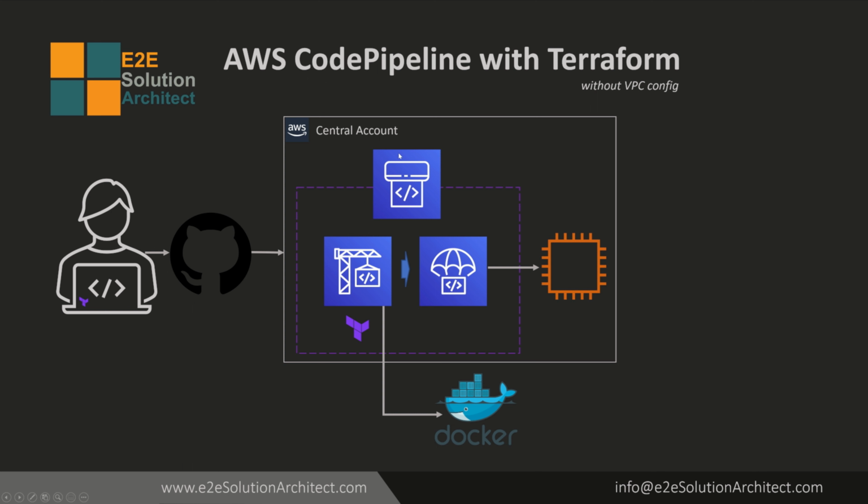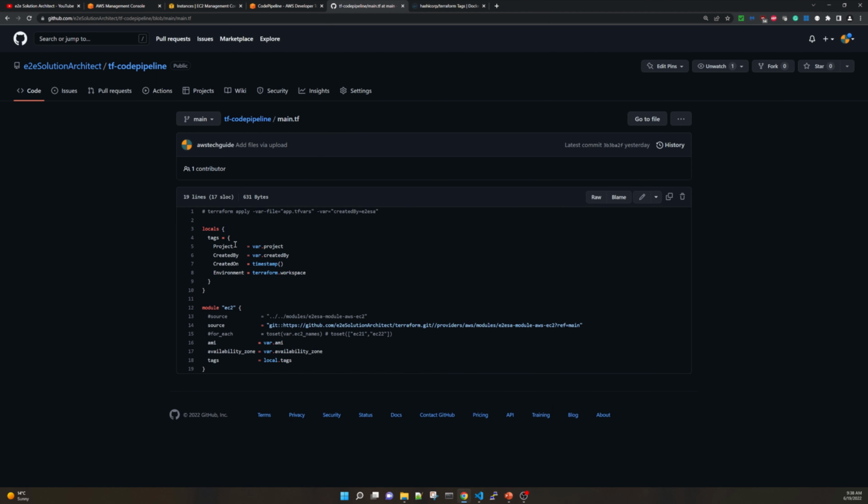Now this code pipeline part, pulling the Terraform image, instantiating that and performing Terraform apply, is one set of code which we are writing in this session. And once the CodeBuild triggers, it will pull the code from the GitHub repository to create this resource. Let me take you once again over here. So this is the code for the EC2 part.